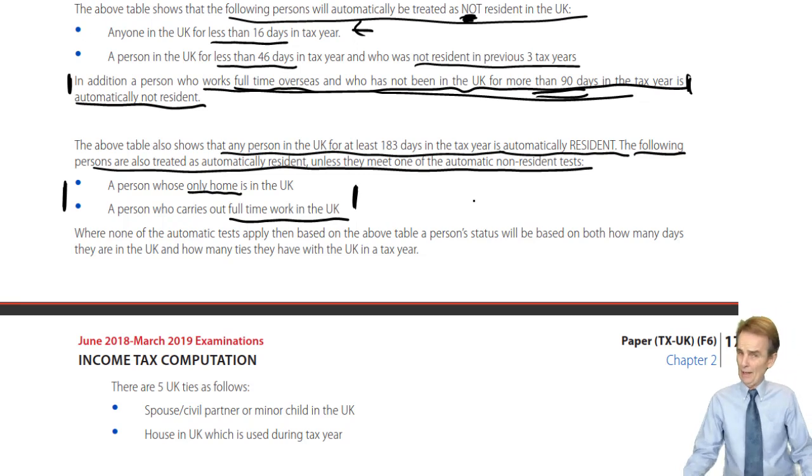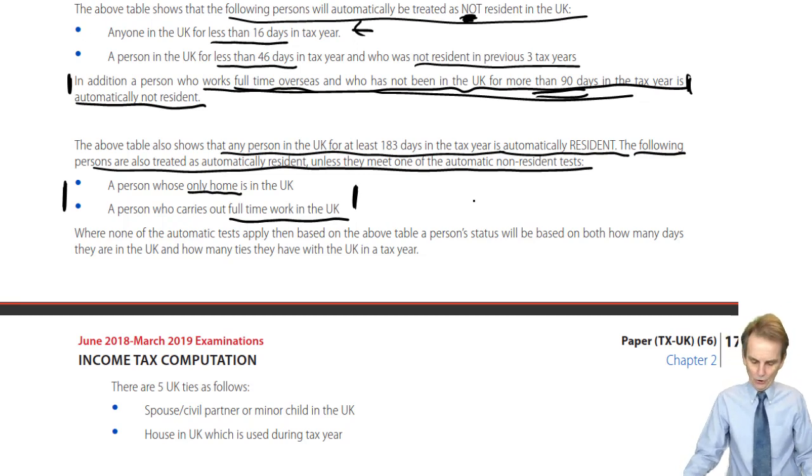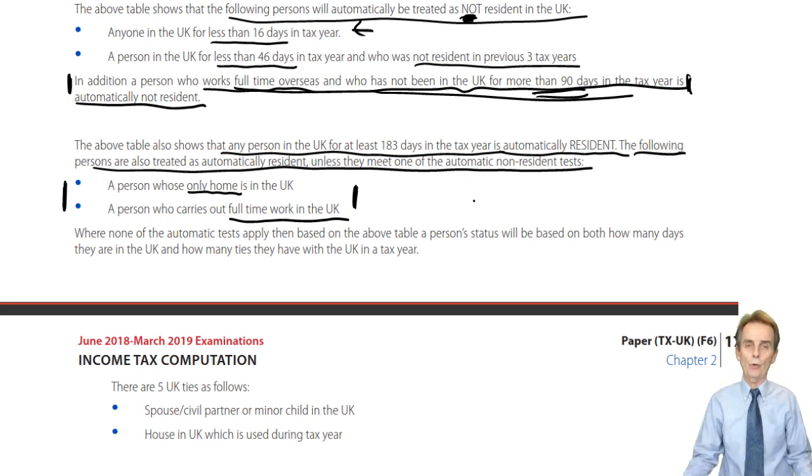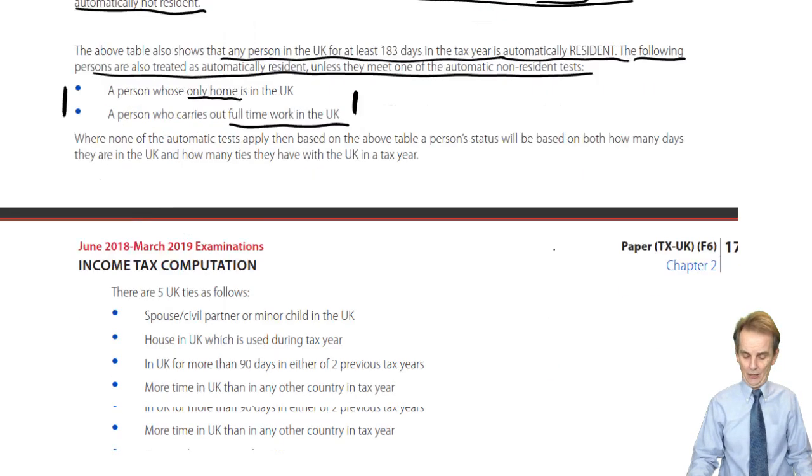If, as is quite likely in a question, you are dealing with a taxpayer who isn't automatically not UK resident and isn't automatically UK resident, the number of days in the UK and otherwise their status does not make them automatic one or the other, then it is about the ties tests.